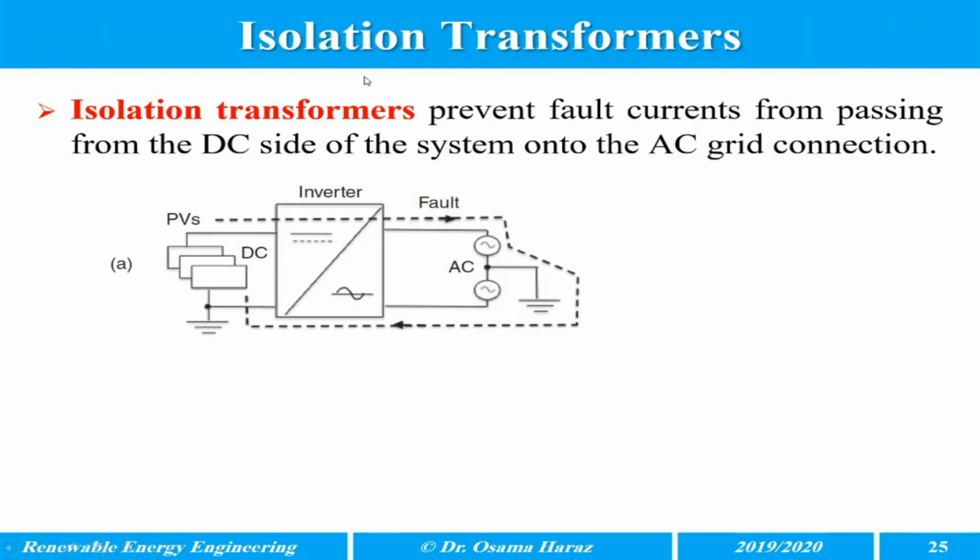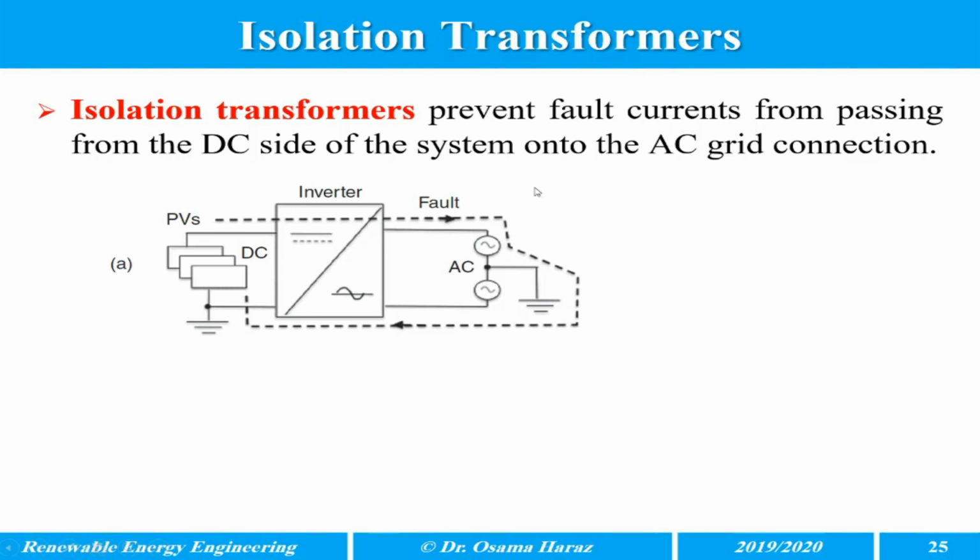Now we'll talk about the different components in the PV system, like the isolation transformer. What is the main purpose of using an isolation transformer in the PV system? It is to prevent fault currents from passing from the DC side of the system onto the AC grid connection.